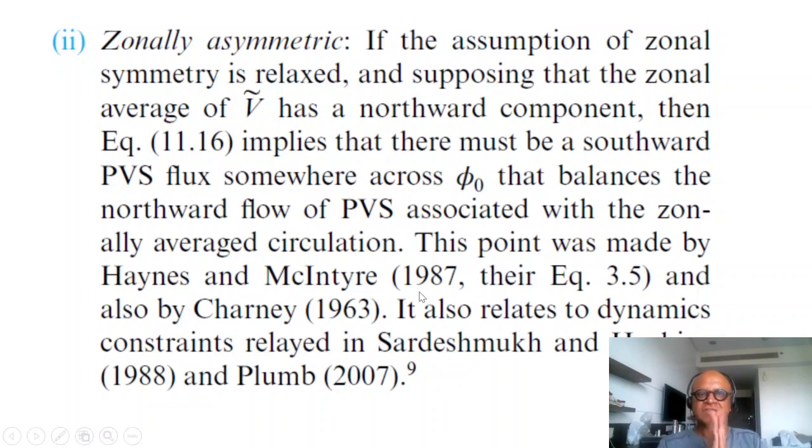So you have a zonally average circulation like the Hadley cell, and then you have somehow southward PVS being brought in. This point was made by Haynes and McIntyre, and also by Charney. It also relates to the dynamic constraints relayed by Sardeshmukh and Hoskins and Plum.